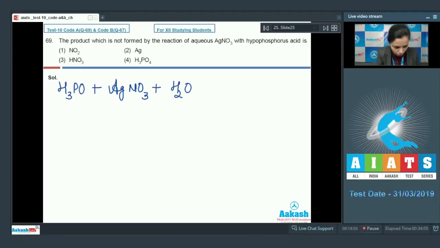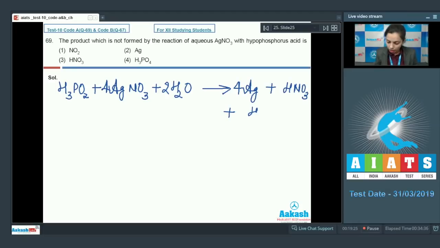So that is H3PO2. So here, I'm just balancing it also. Now here's the formation of Ag. Along with that, HNO3 is also formed, and there is the formation of H3PO4, phosphoric acid. So this is the reaction.